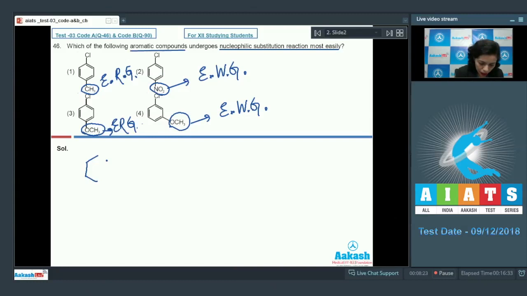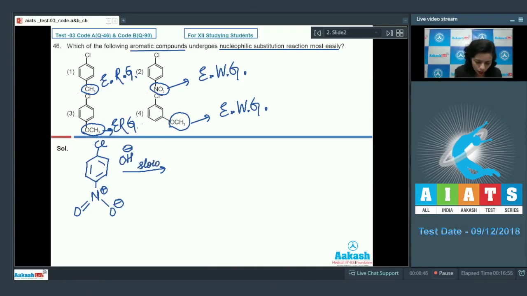So we have this compound here. This is para-nitrochlorobenzene. You know that.